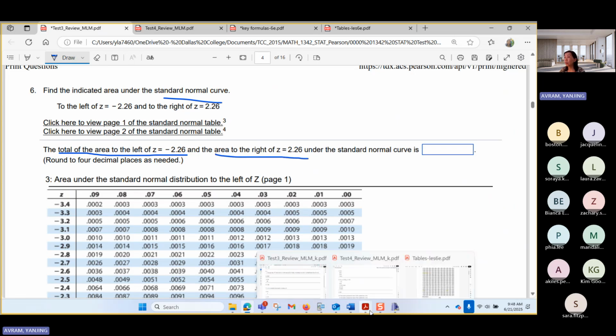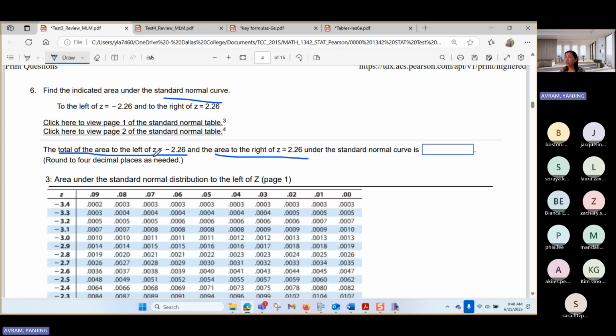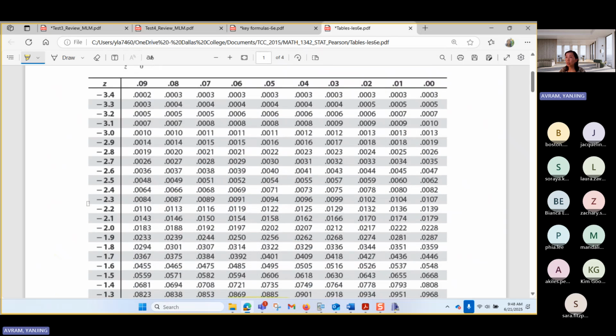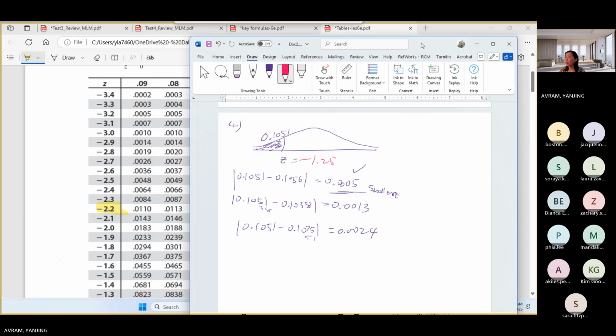Actually, the left and right areas will be the same when the z-score is the same, just one is positive and one is negative, right? Because you can read the table in here, negative 2.26, negative 2.2 in here, 2.26 right here.